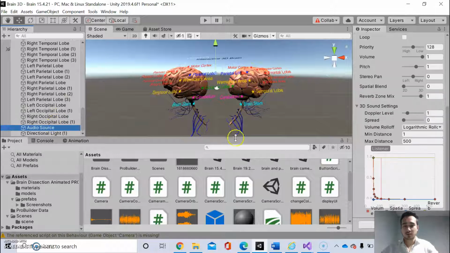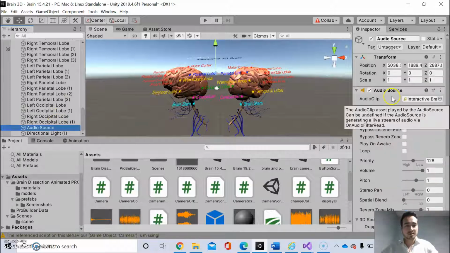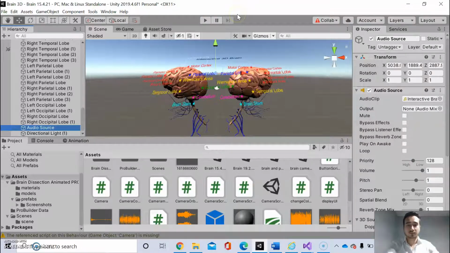And lastly, the audio source contains this MP3 file called Interactive Brain Audio, which is the audio tour guide for the model, which I will demonstrate now by playing this project. Okay.